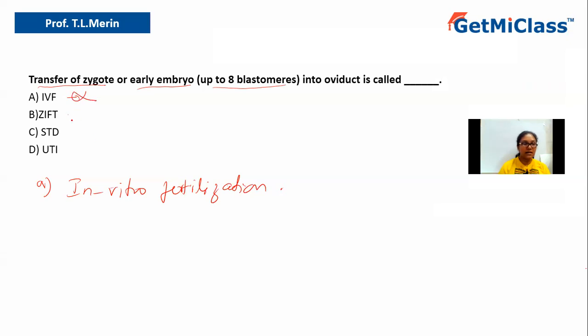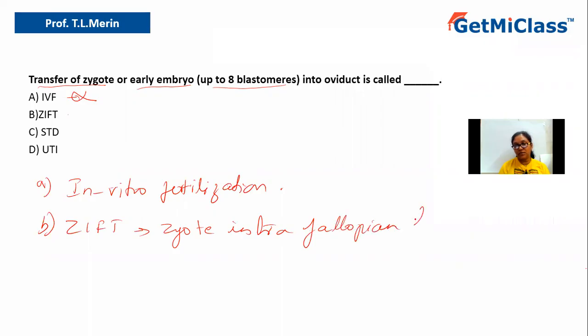Option B says ZIFT. What do you mean by that? ZIFT is nothing but zygote intrafallopian transfer.